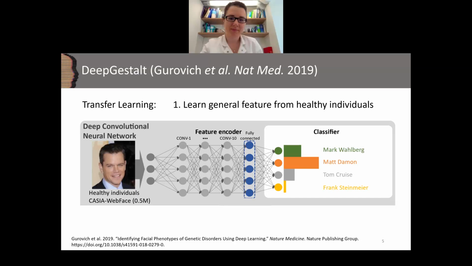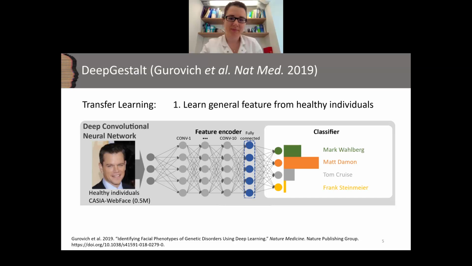We have only around 10,000 images. What DeepGestalt, this paper, did at the very beginning is utilize transfer learning. First of all, they trained the deep neural network on healthy individuals from the web. There are around 500,000 healthy individuals, like Matt Damon or Tom Cruise or Mark Wahlberg.